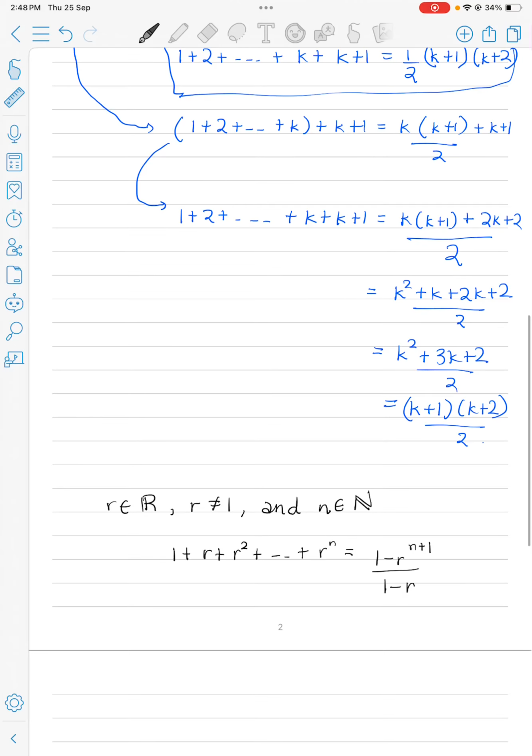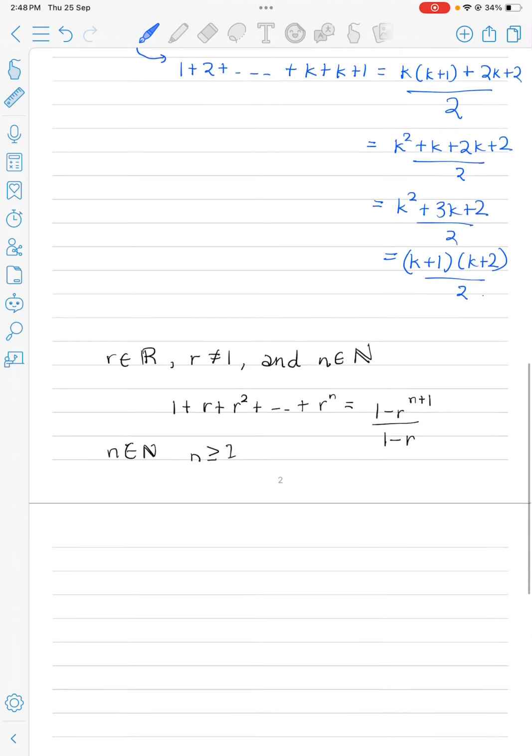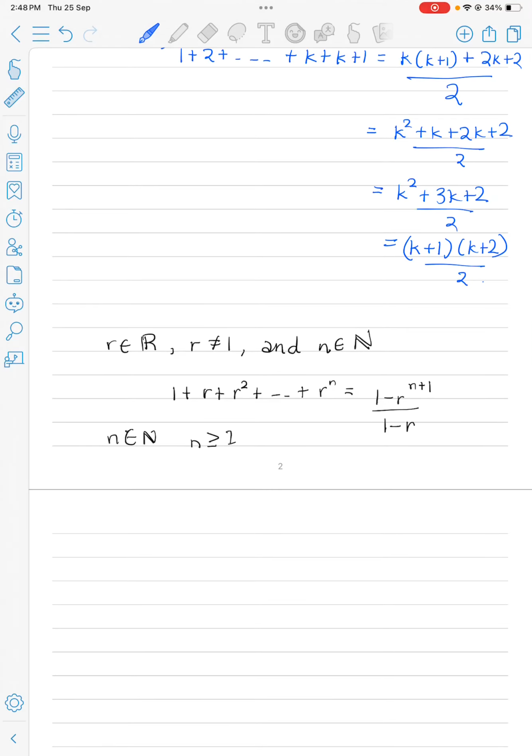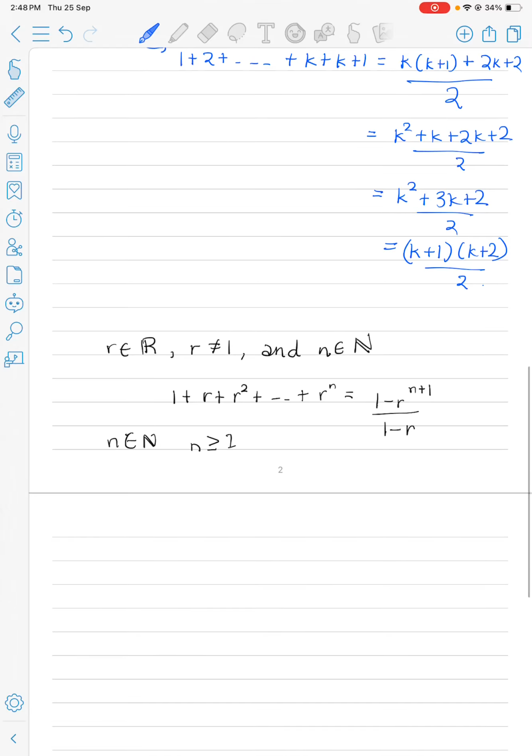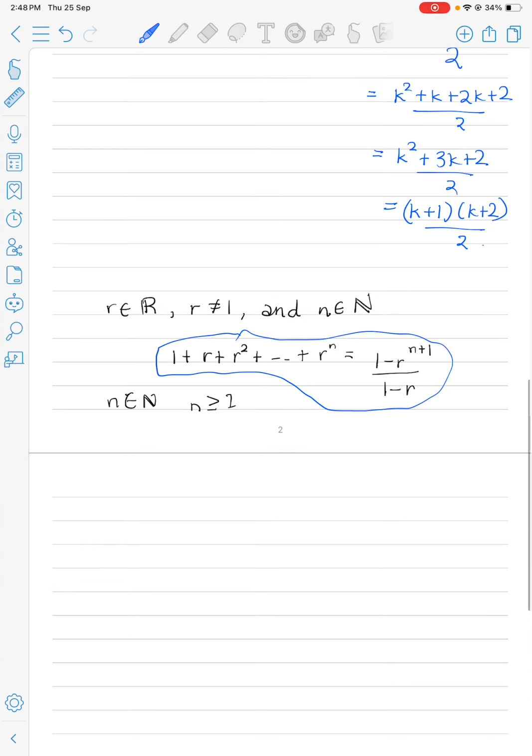I want to show that this is true for all n belonging to natural numbers, that is, all n greater than or equal to 1. So this is my Pn. First I will show P1 is true. Can you recognize this is actually your geometric series?